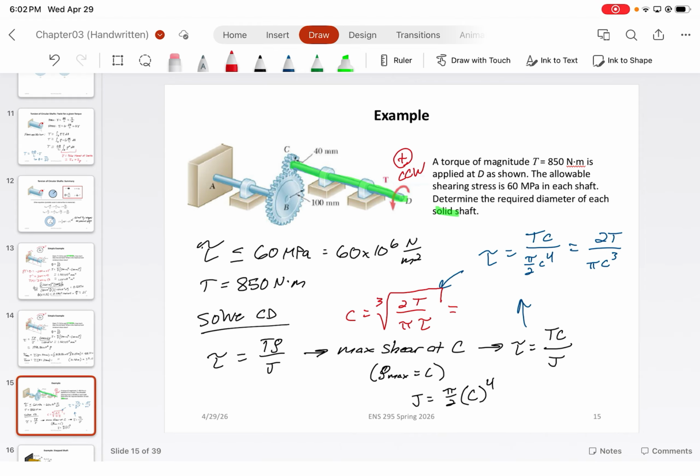Plugging in T and tau into the equation, we should get that the minimum radius needs to be at least 0.0208 meters for shaft CD.